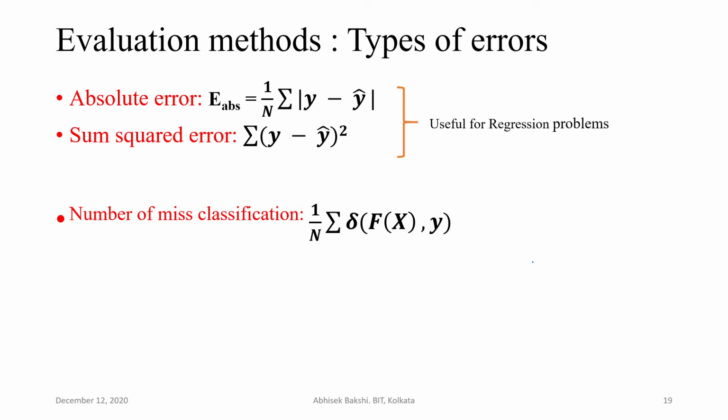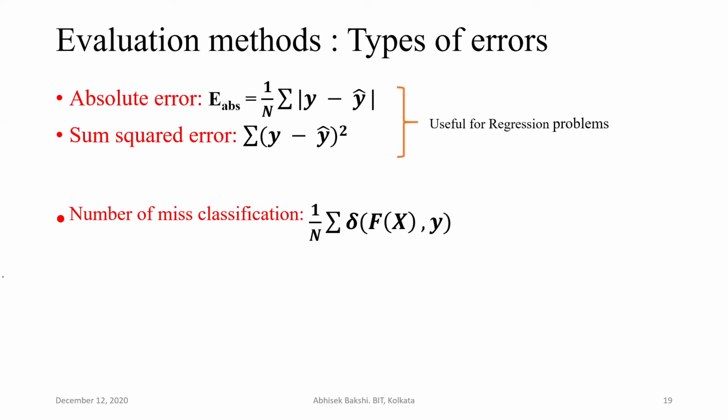It sums all of them and divides by n. Since it is absolute, we have a mod value between y and y hat, where y hat represents the predicted output and y represents the actual output.